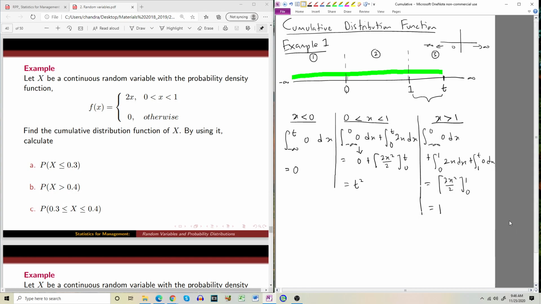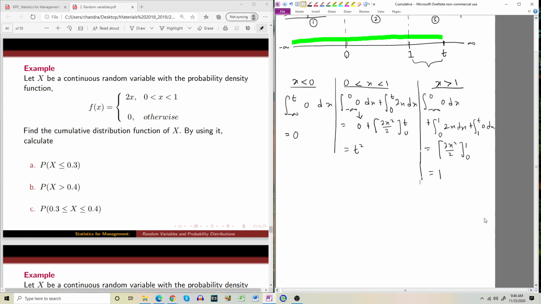Now, if we want to summarize this, the cumulative distribution function, first of all, you write like this. F(t). There are three intervals.